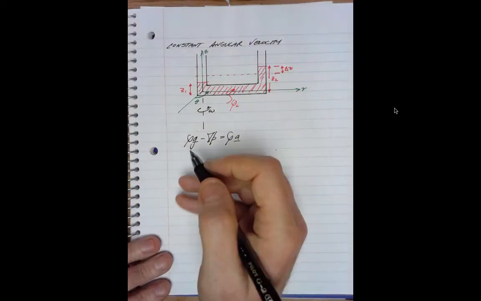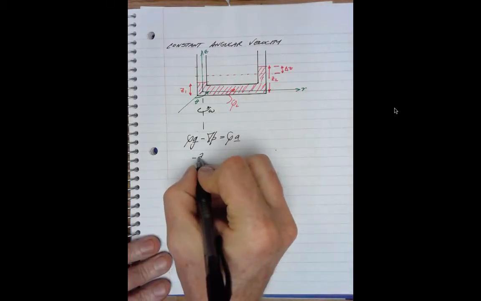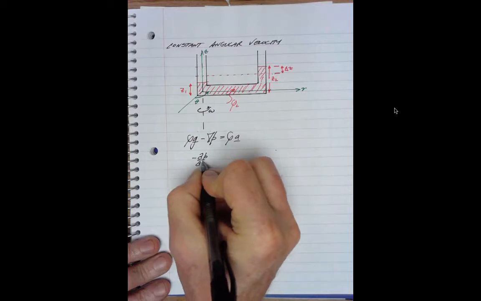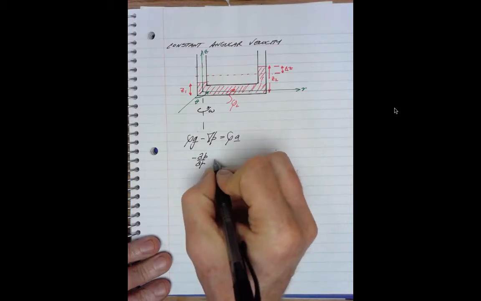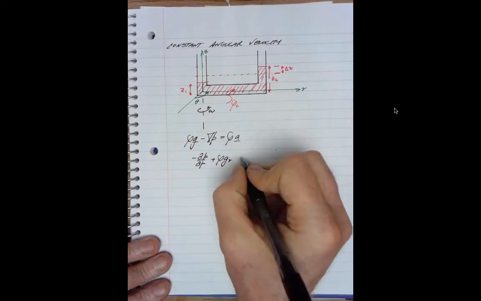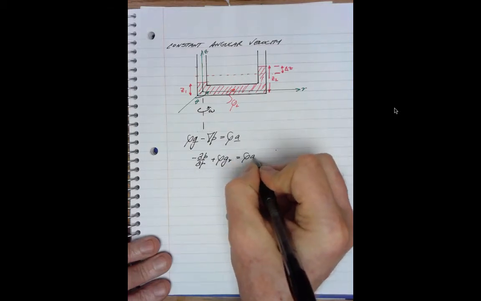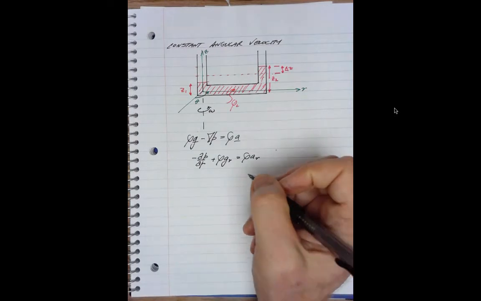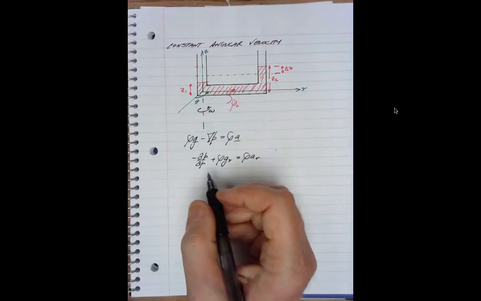Bust it up into its component form. dp dr plus rho g r equals rho times acceleration in the r direction. So r is that direction.